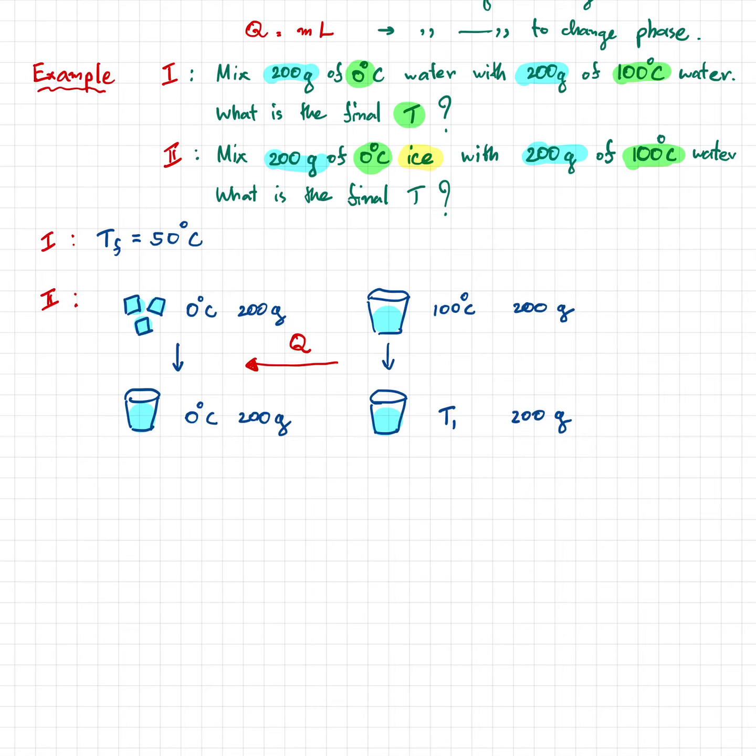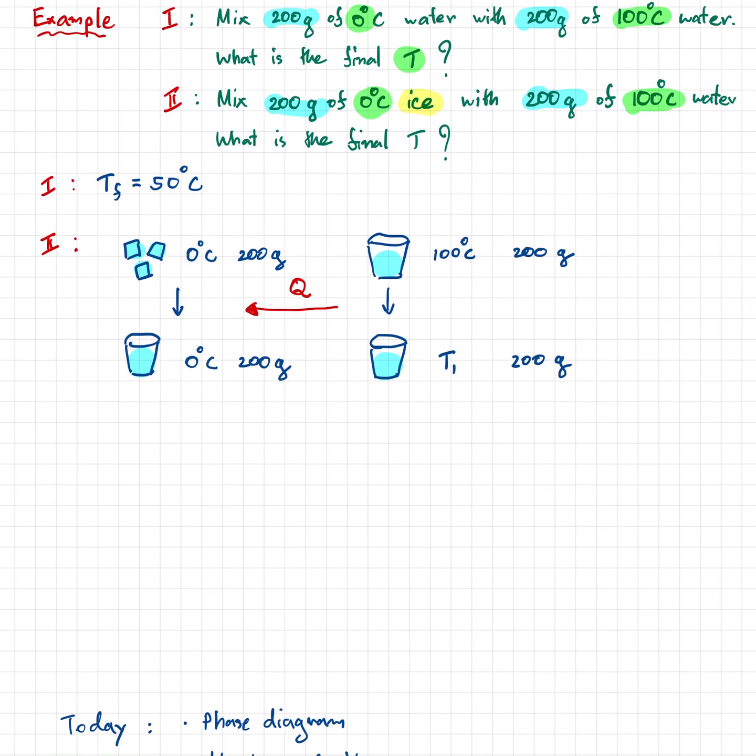So you can view the vertical progression like this as a timeline, right? So as time passes, you go down this diagram, okay? And the last step is for the left hand side water to reach some final temperature, let's say TF, and then the mass is the same.